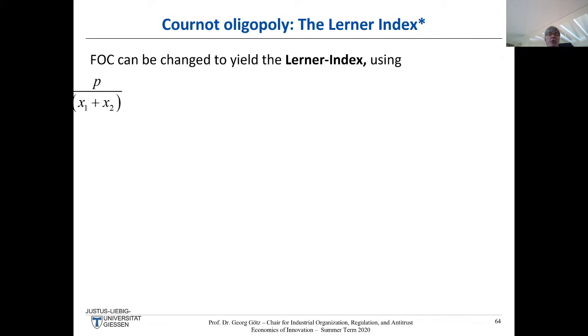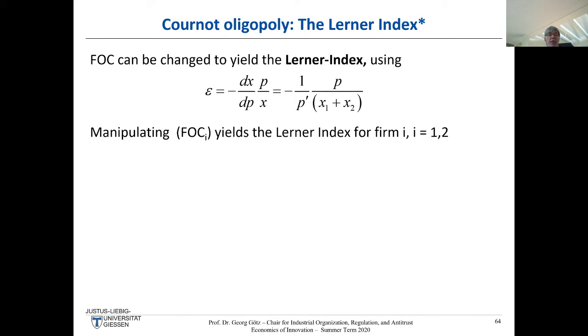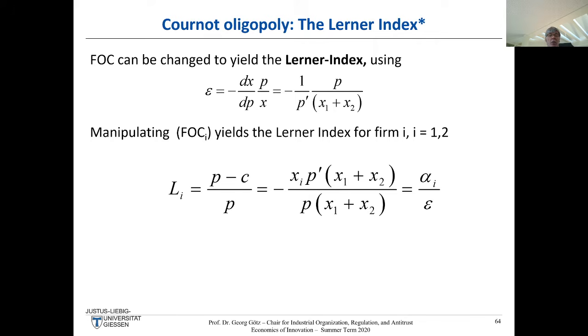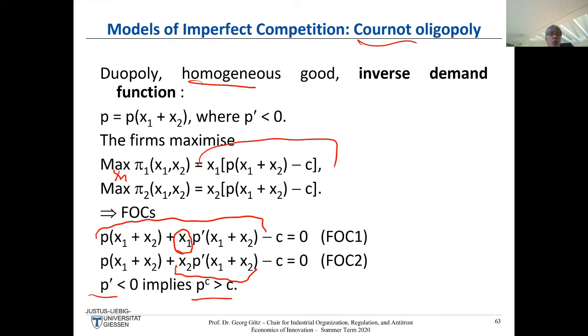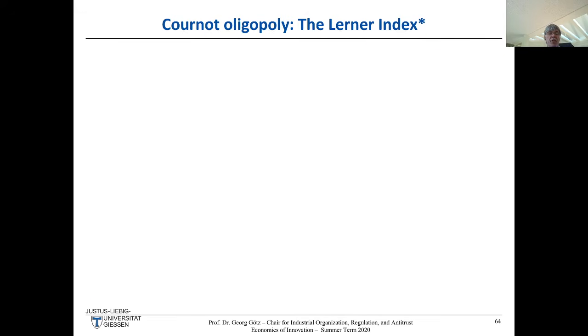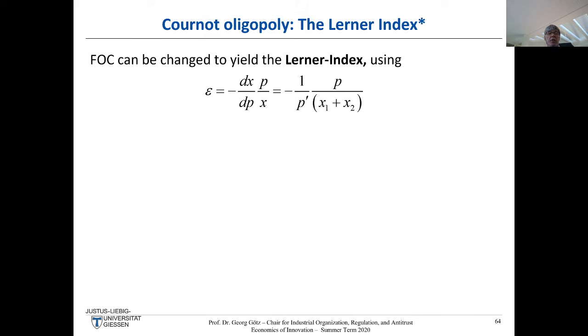The Lerner index here, we already produced that previously. It's again straightforward. We just manipulate our first order conditions we have here. Again, you would just factor out the P, you get 1 plus something here. That's what is written here. Again, we have the demand function.